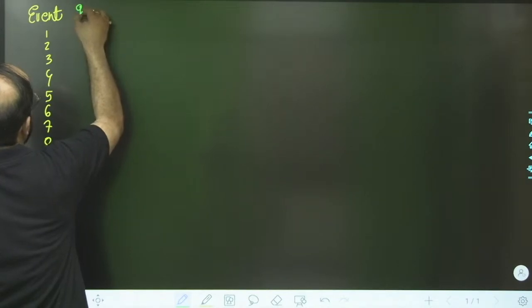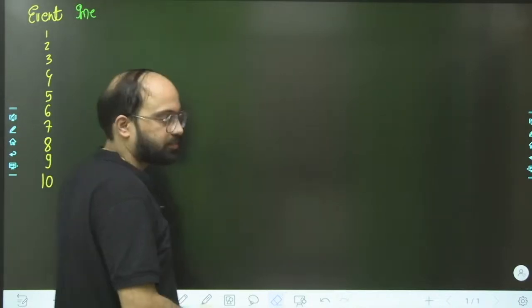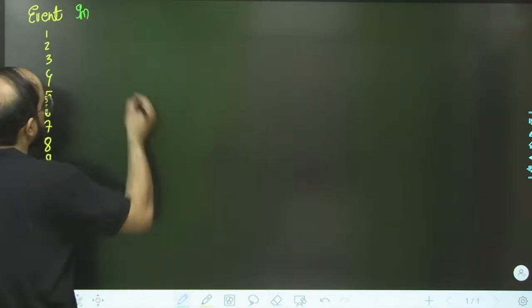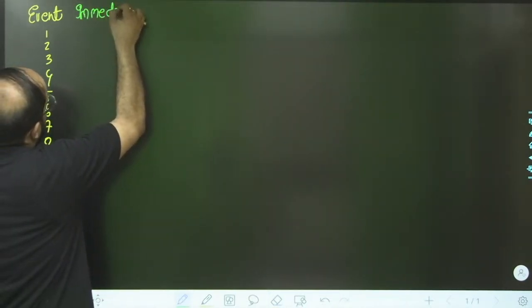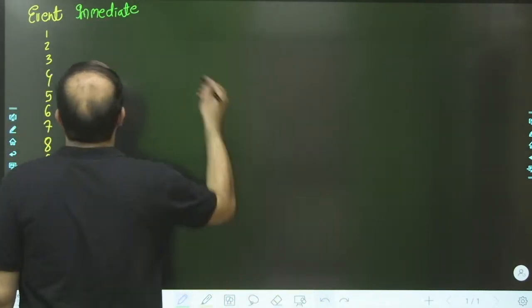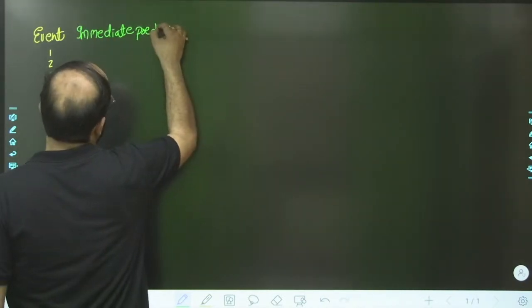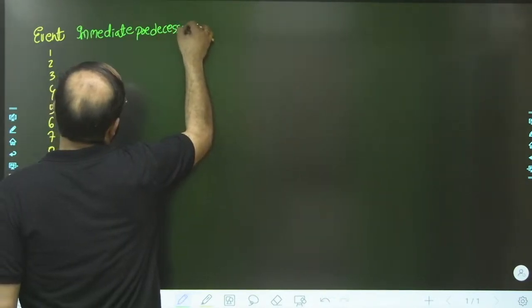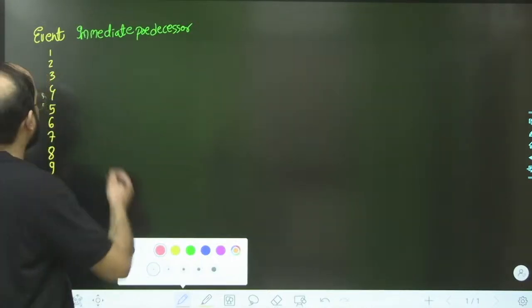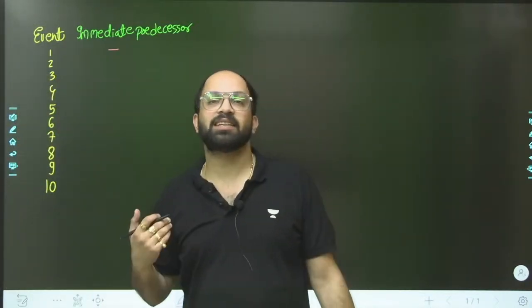Let's see which immediate predecessors are given. The first event will have no predecessor, obviously, because it is the initial event.